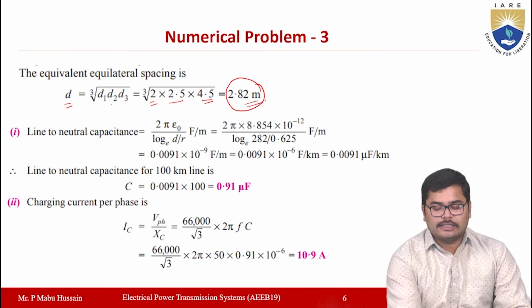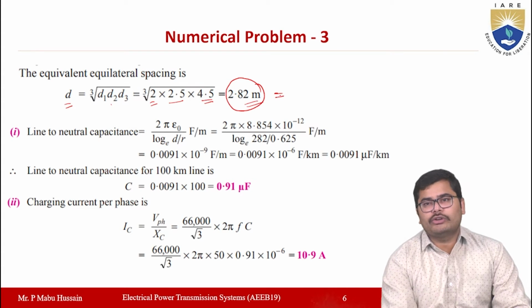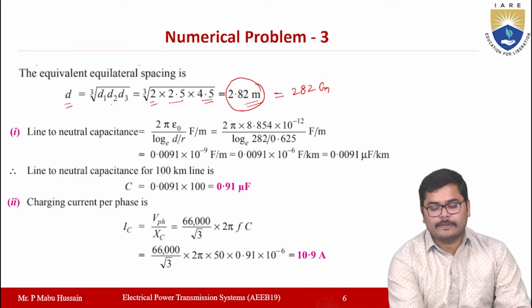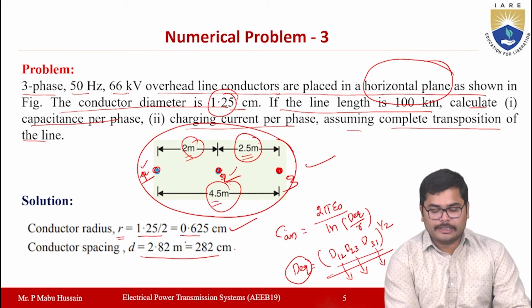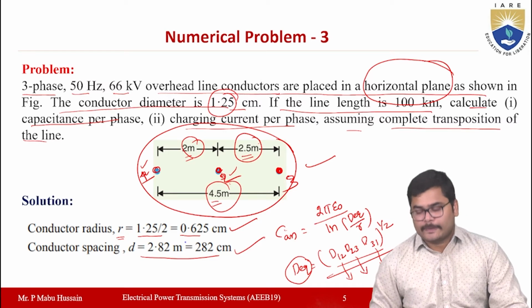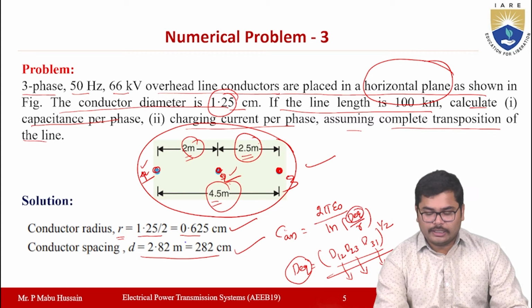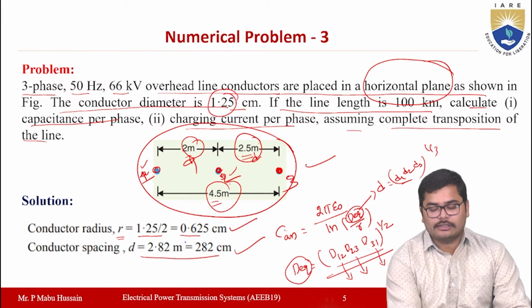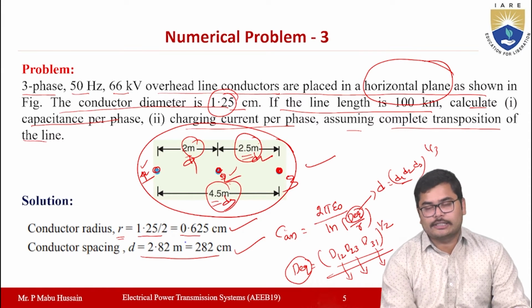Converting to centimeters, this value is 282 centimeters. So D equivalent, represented as D, is D1, D2, D3 whole to the power of 1 by 3, where D1, D2 and D3 are these distances.